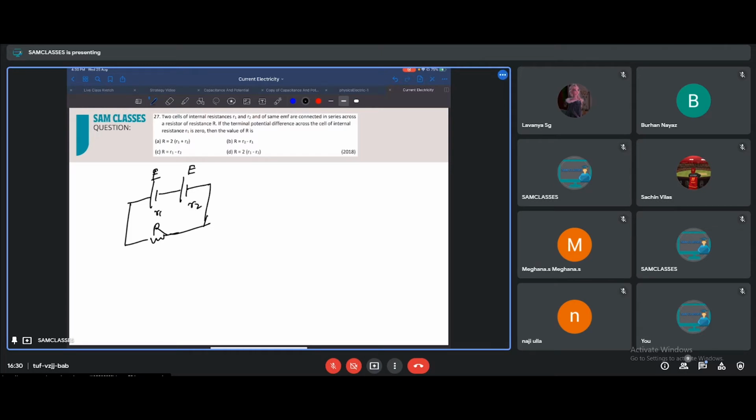Second, if the terminal potential difference across the cell of internal resistance R1 is 0, then what is the value of capital R?